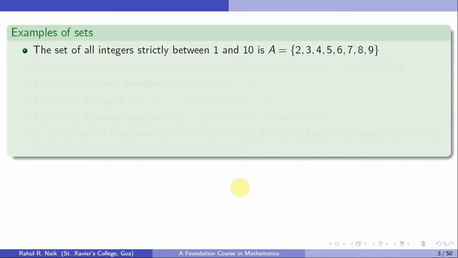The comma represents that one element is different from another. If you skip the comma between 2 and 3, then it would look like 23 as one element. So that is not correct.